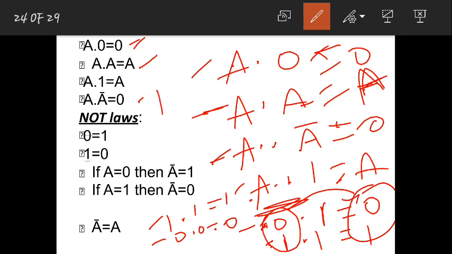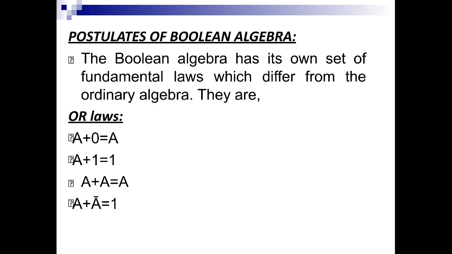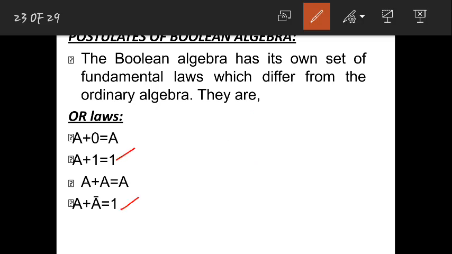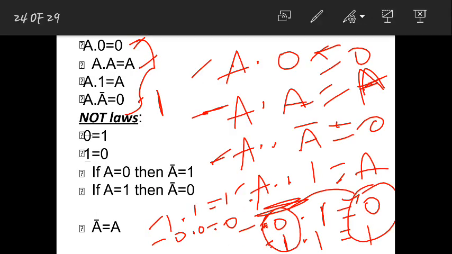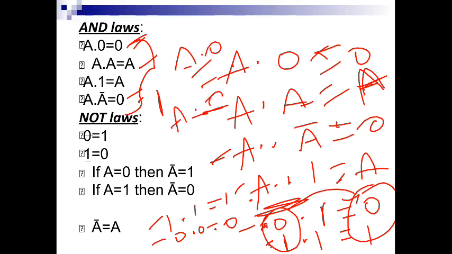If you want to place 1, you can't use just any law; you can use the OR law, so in place of 1 you can write either A plus 1 or A plus A bar. If you want to place 0, then you can't use this OR law, instead you can use the AND law. In place of 0 you can write A dot 0 or A dot A bar. Is that fine?